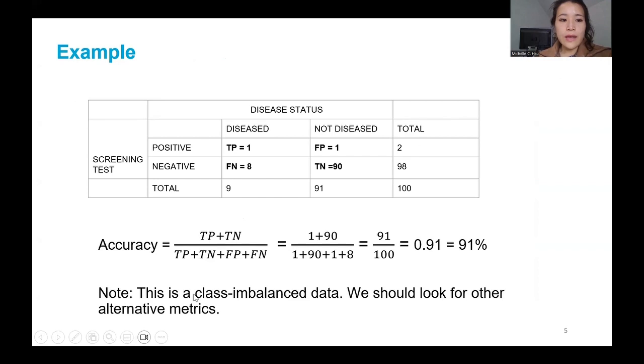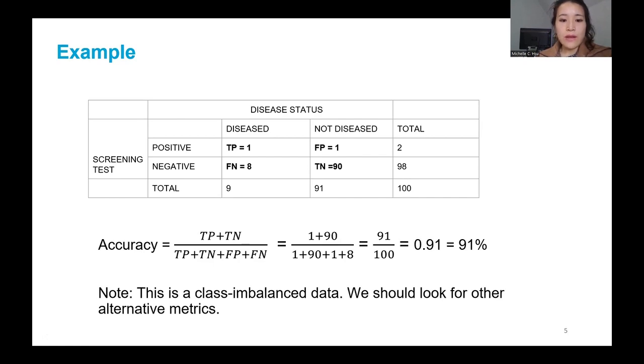So here I have an example, a confusion matrix displaying columns of disease status, showing diseased and not diseased, and rows of screening tests showing positive and negative. As you can see, the diagonal elements of this confusion matrix indicate correct predictions, while the off-diagonal represent incorrect predictions.